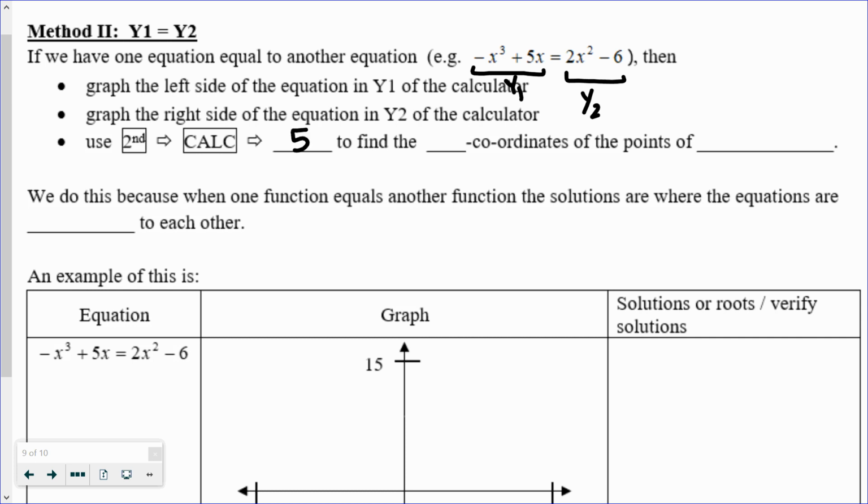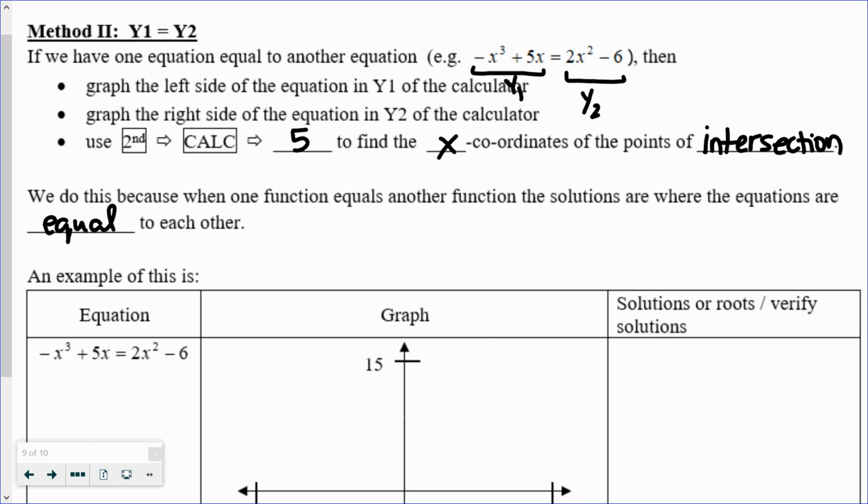Number 5 is the point of intersection. I think the green sheet has it for the Casios as well, but I can help you if not. So you're finding the x coordinates of the points of intersection of the 2 graphs. You need to find where they're equal to each other. We do this because when one function equals another function, the solutions are where the equations are equal to each other.